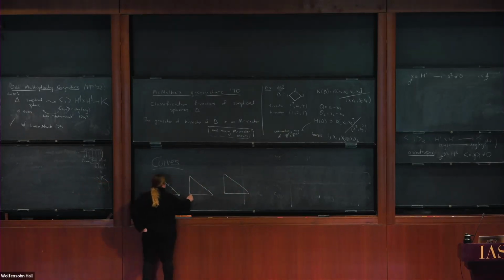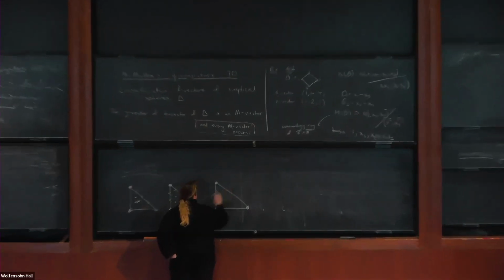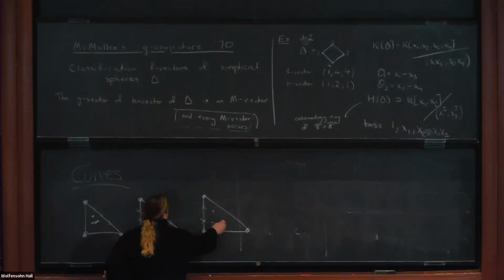For the second one, we're going to have this, and we want all of the points here in the interior, and we don't have any point here, any point here. And for the third one, we don't have any point here and all the points here.